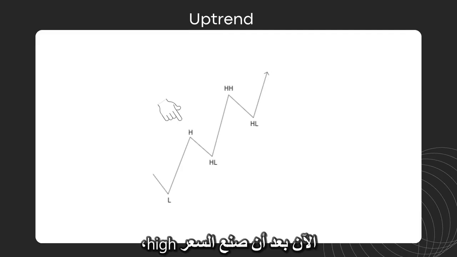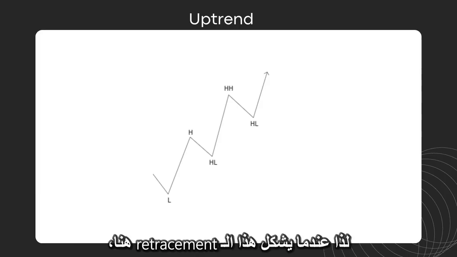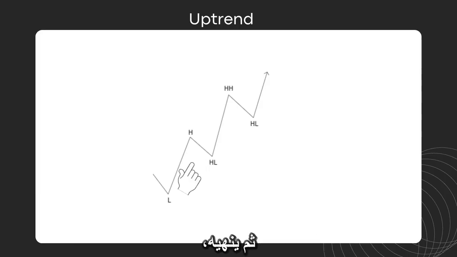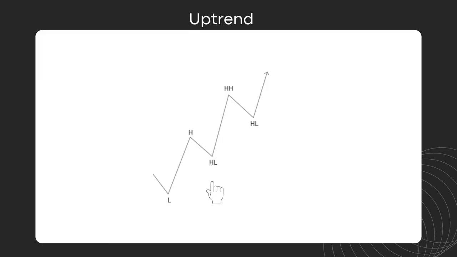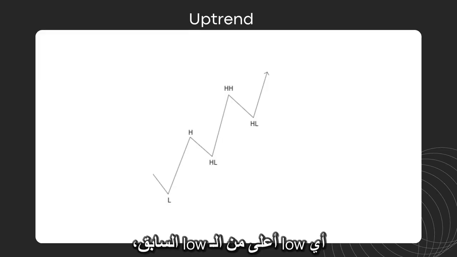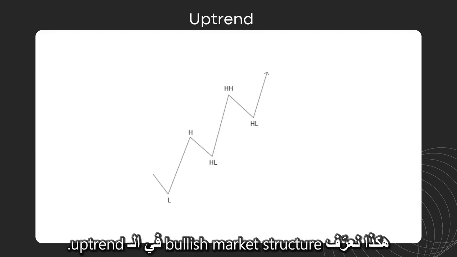Now that price has made a high, it first has to retrace before it moves higher again. When this retracement ends, it forms a higher low, meaning a low that is higher than the previous low. That is how we define a bullish market structure in an uptrend.